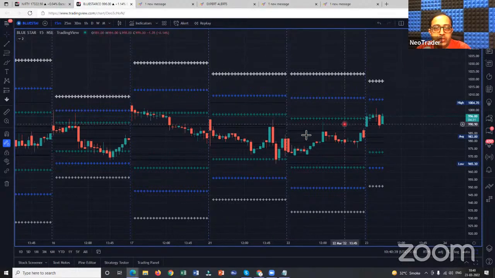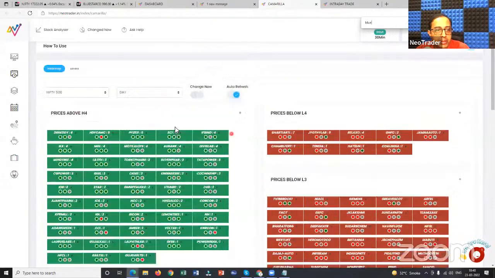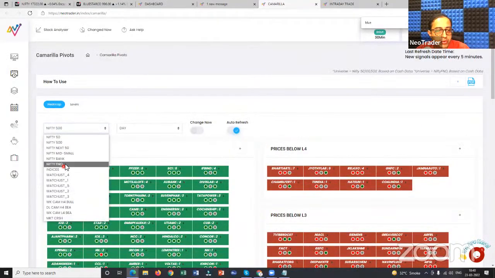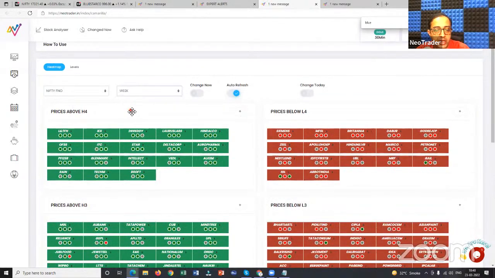Yes, based on the strategy, you can also take positional trades. For positional trades, what we have in Camarilla. Okay, if you are going to go for the short, then let's change the time frame. What you can do is step here into the weekly.